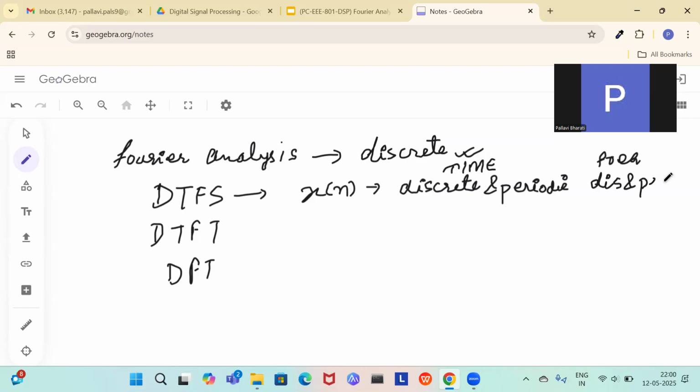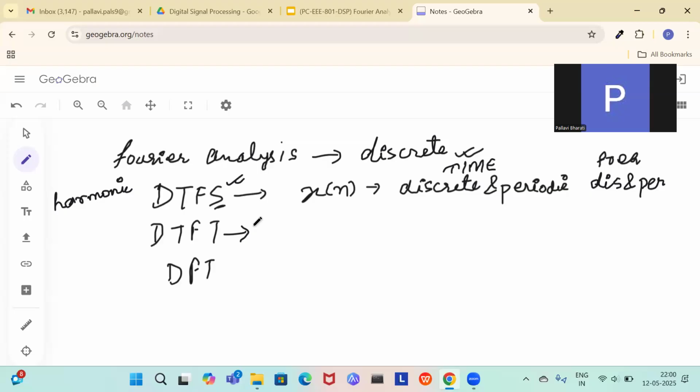But the important thing was that you can only include periodic signals in this one, and you are doing harmonic analysis for finding the discrete time Fourier series. When you are taking a series, that means you will have a periodic signal, and you are doing harmonic analysis, meaning what frequency components are present, in terms of the harmonics of that fundamental frequency.